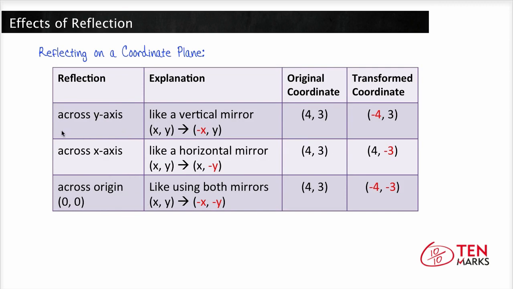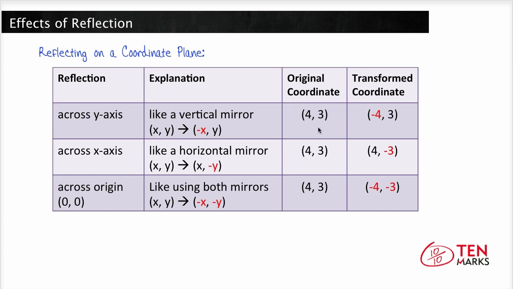When reflecting a point across the y-axis, it's like using a vertical mirror. The y values remain the same since we are going from side to side, so the image will be on the other side of this y-axis, and the distance from the y-axis will be exactly the same as the distance was with the original point, however, just on the opposite side.